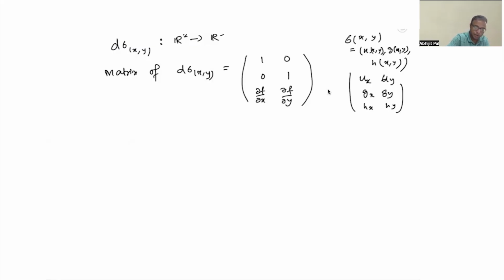So this will be the matrix of d sigma at the point (x, y).